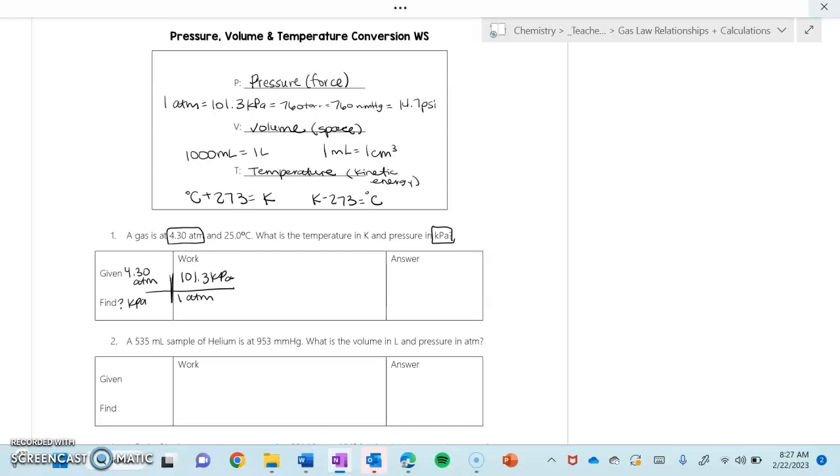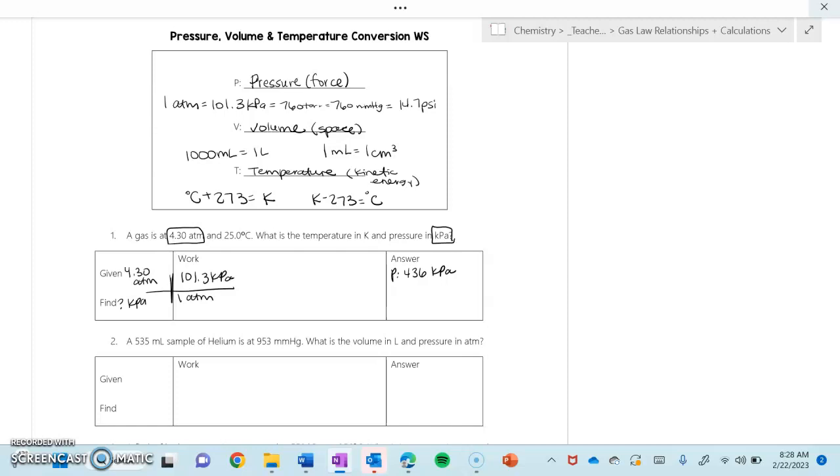Okay, so there's my pressure conversion. So for this problem, I'm going to have two answers, one for pressure and one for temperature. So put this in your calculator and you get 436 kilopascals. So there's our pressure in the new unit.